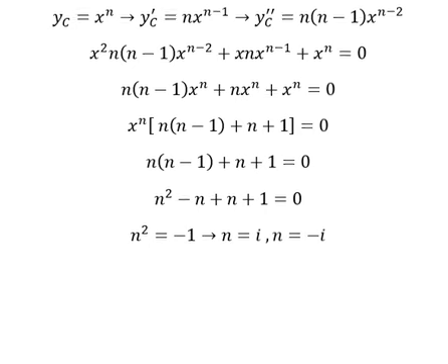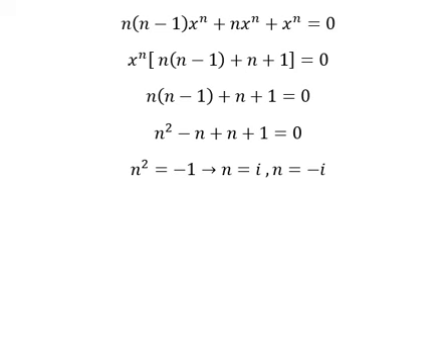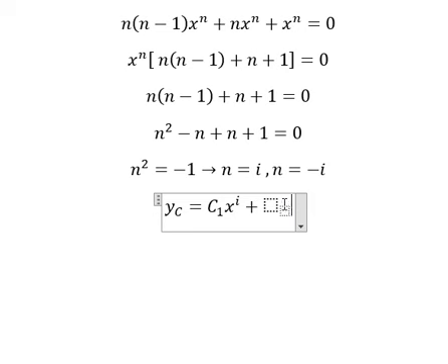So in this situation, we can find yc. So we have c1, the constant 1, s to the power of i, and we have c2, the constant 2, s to the power of negative i.